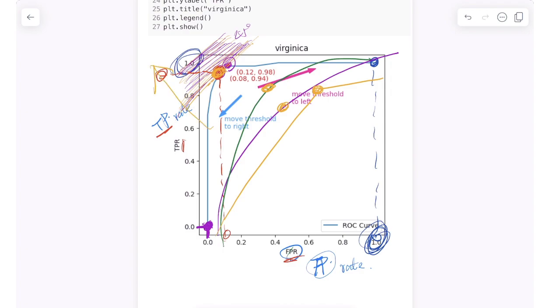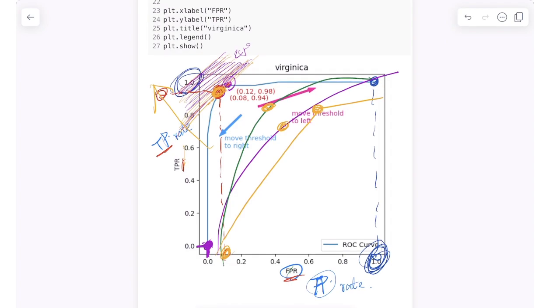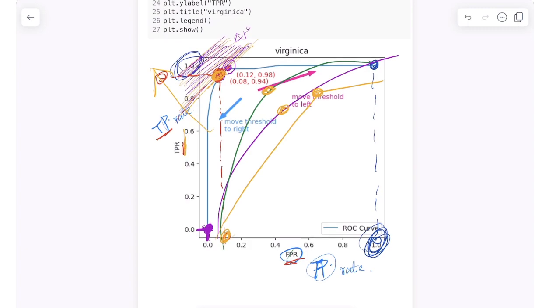The point which is close to the upper left side is the better model, because with a smaller false positive rate, its true positive rate would be higher. Or you can simply draw a line like this: with the same false positive rate, the blue line has the highest true positive rate.